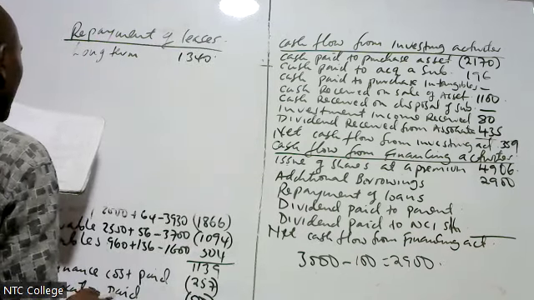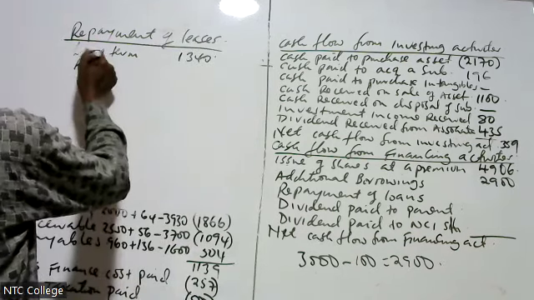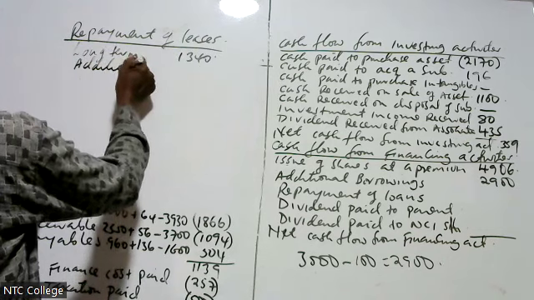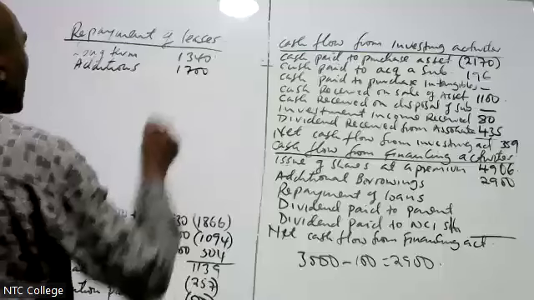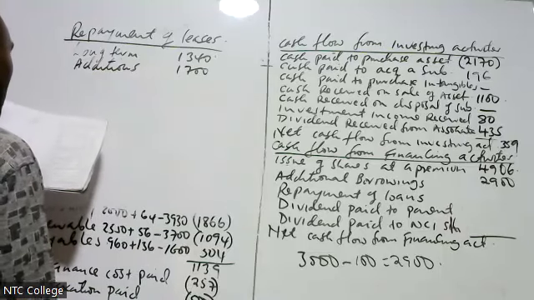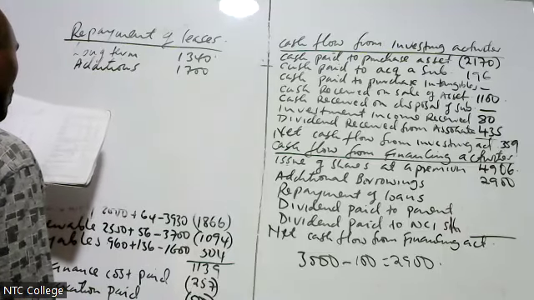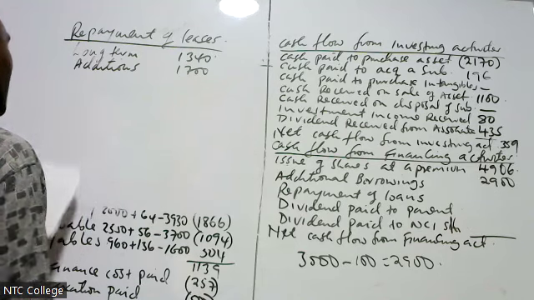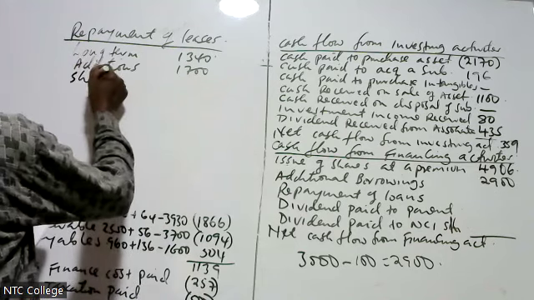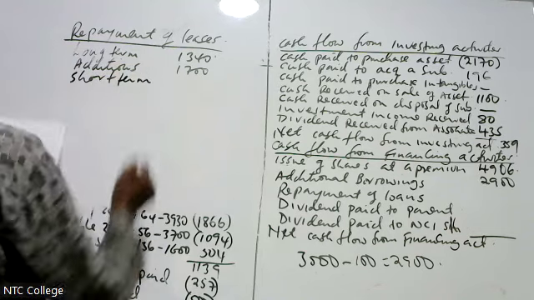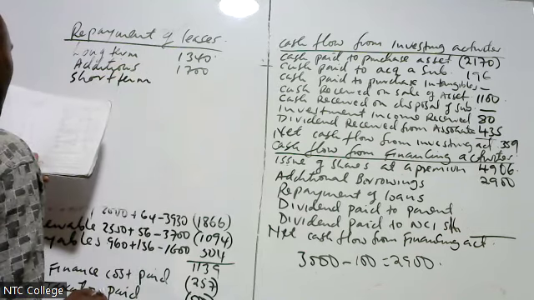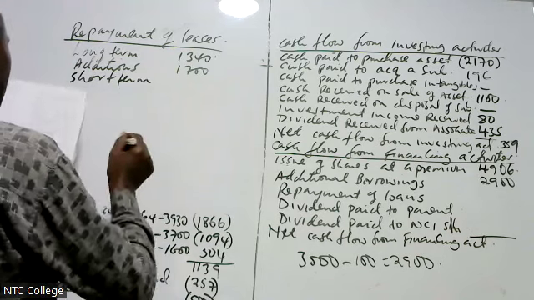Then additions during the year, 1,700. Then short term lease, note number 7, from the previous year, short term is 400.